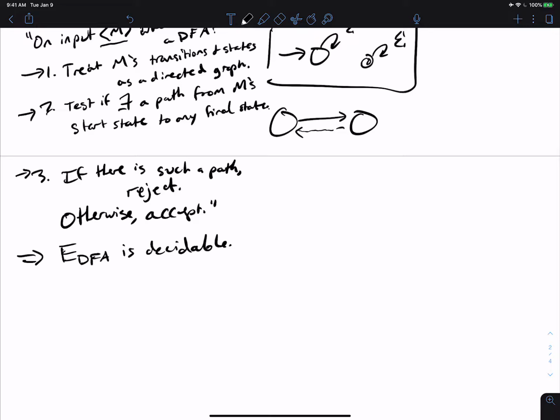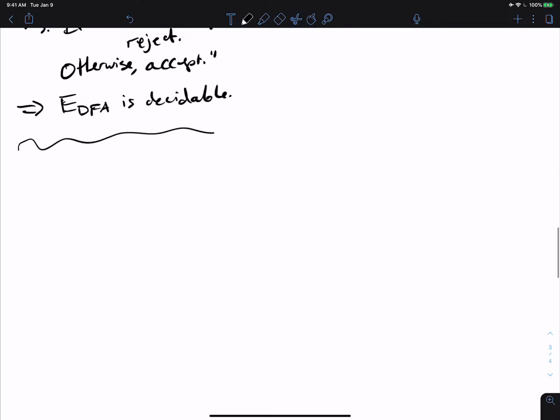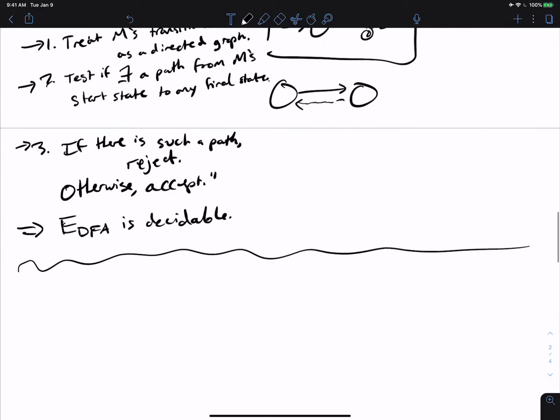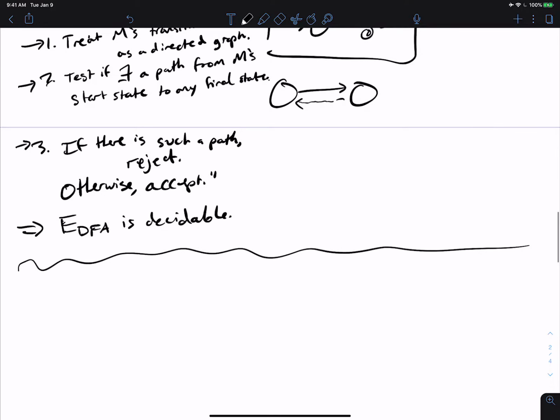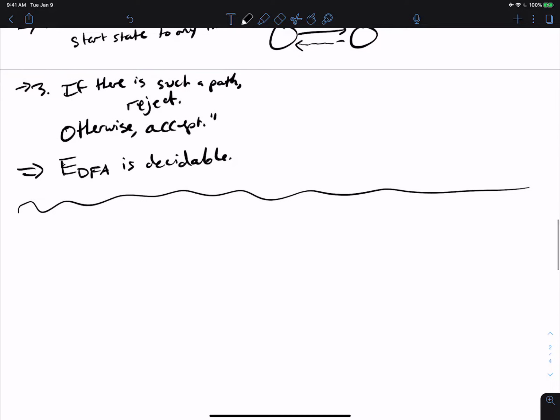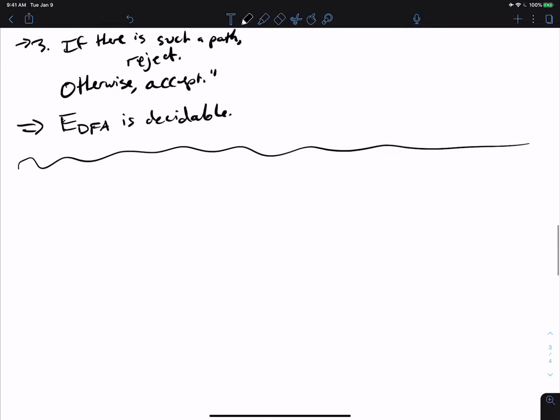But there's a much more important reason why we're talking about this, and that's the next class of problems, which may seem completely unrelated, but the emptiness problem is actually very, very closely married to this problem. And that is the EQ class of problems.